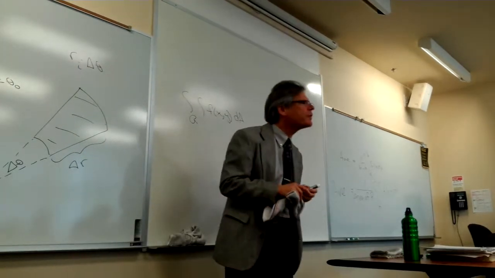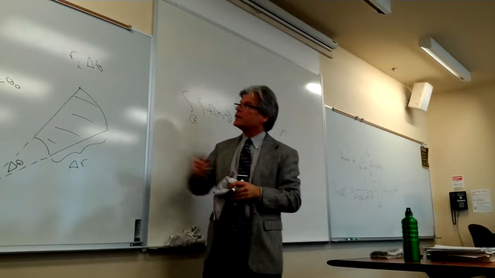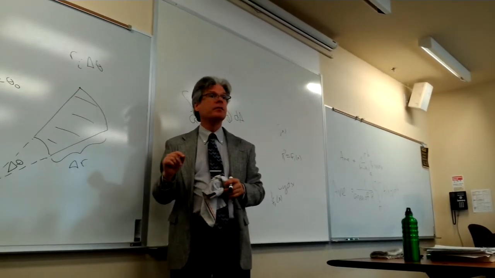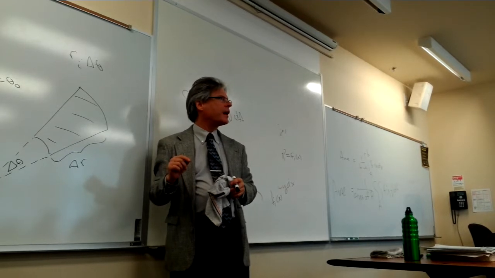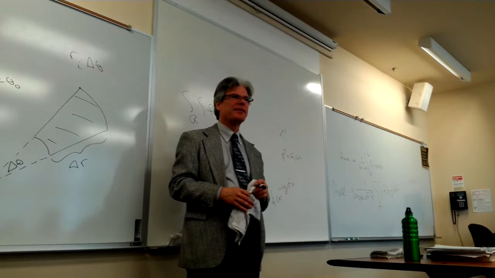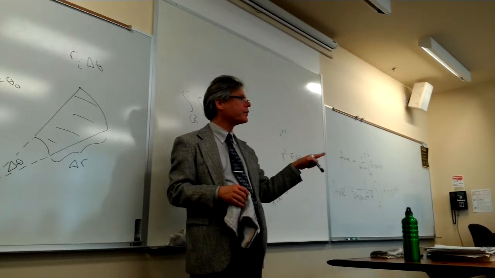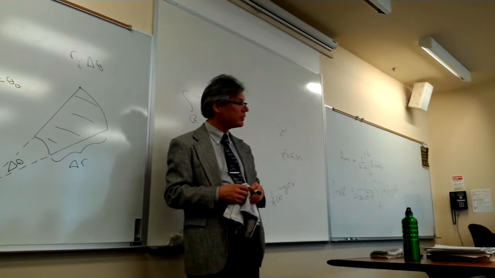You guys got to be honest with me. Just back in trigonometry, isn't that the way you compute the length of an arc? I ask for honesty. Yes. So the arc length is nothing more than the radius of the circle times the corresponding central angle's measure.